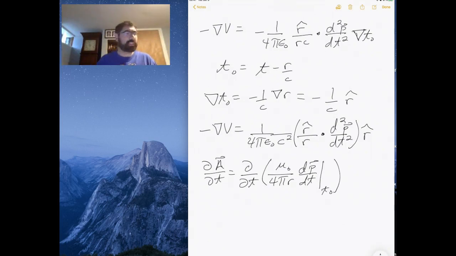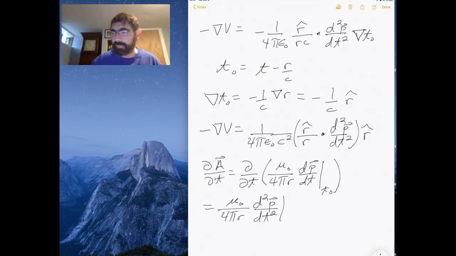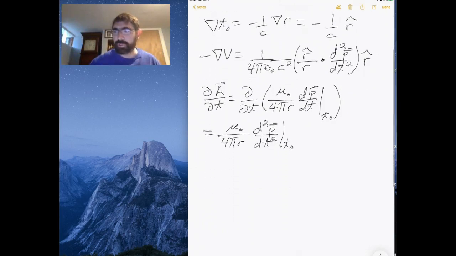So we have to take that derivative, and that's pretty easy. We just get mu 0 over 4 pi r, the second derivative of the dipole moment with respect to time, evaluated at some time t0. Okay, and so we have those two terms.